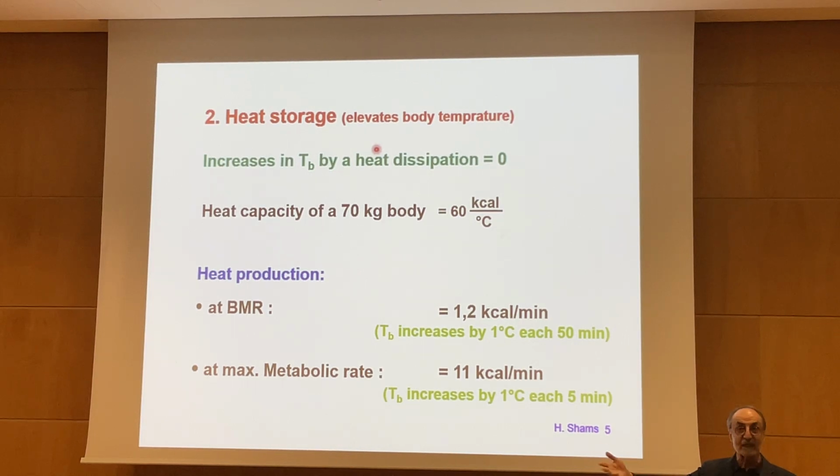It means in 6-7 minutes you will die. You see how important it is that we dissipate heat to the environment. And now we study by which mechanisms we dissipate heat to the environment.